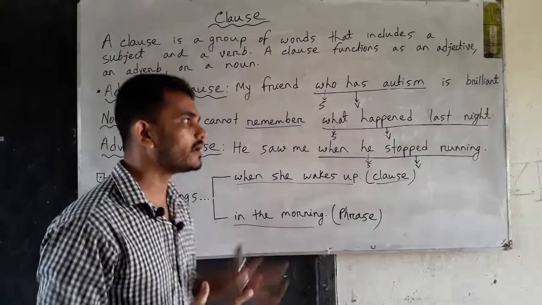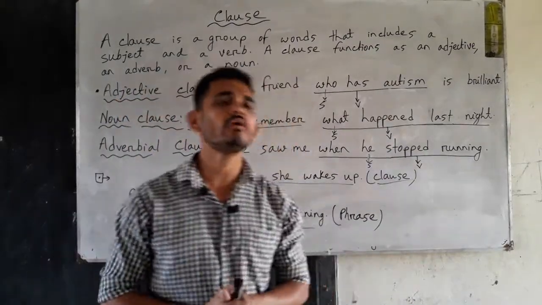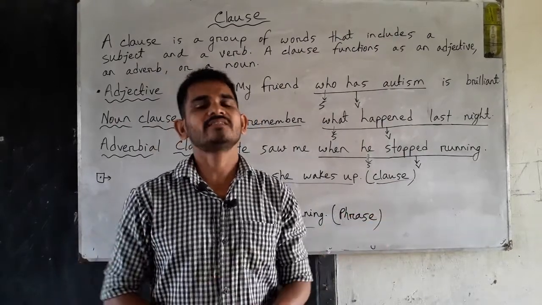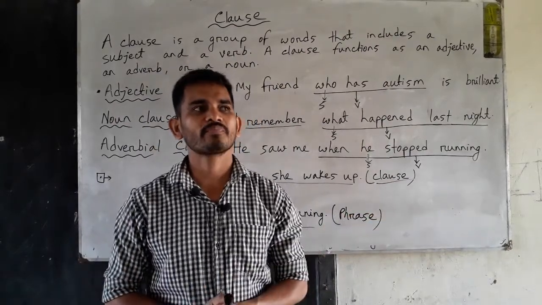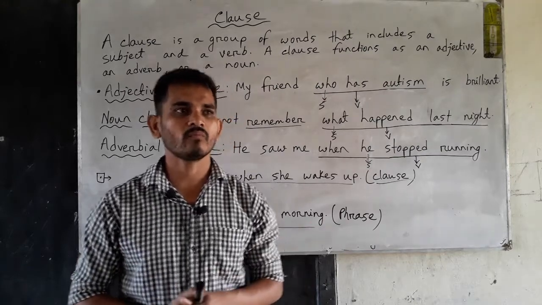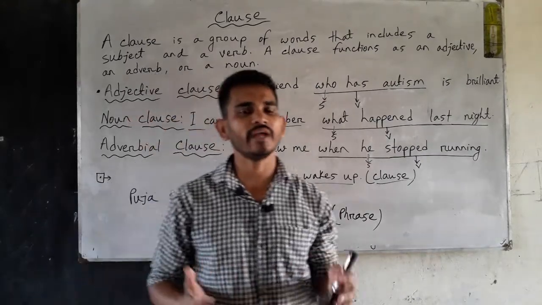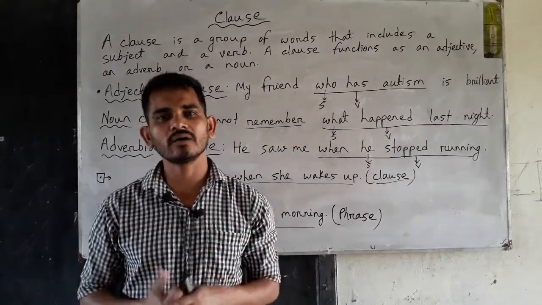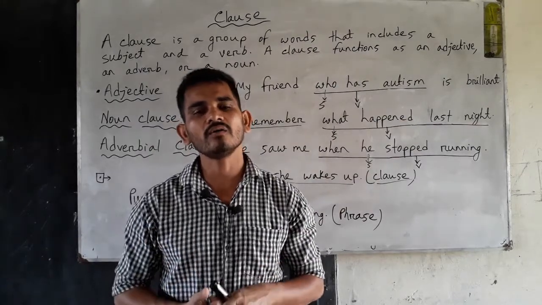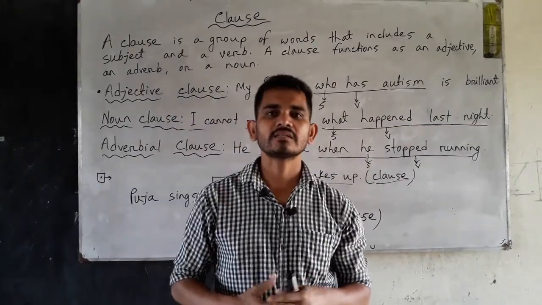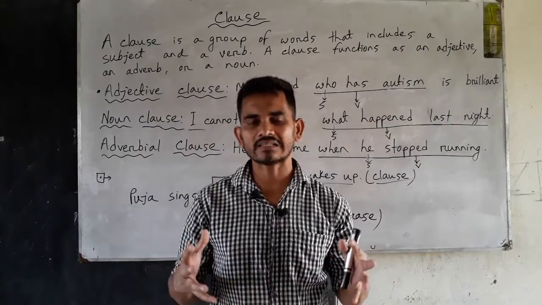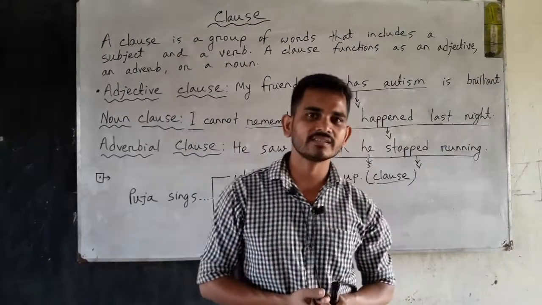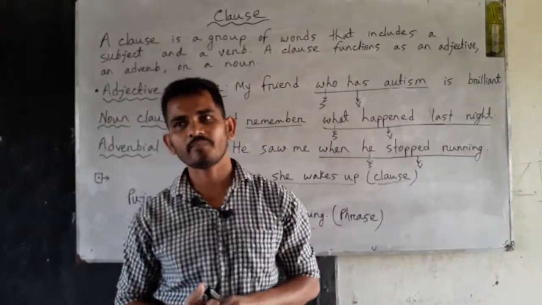Dear learners, here I showed you phrase and clause. Phrase is a group of words that has not any subject or verb. Clause is also a group of words that has a subject and a finite verb. Dear learners, in my next class I will be present again with different other topics.